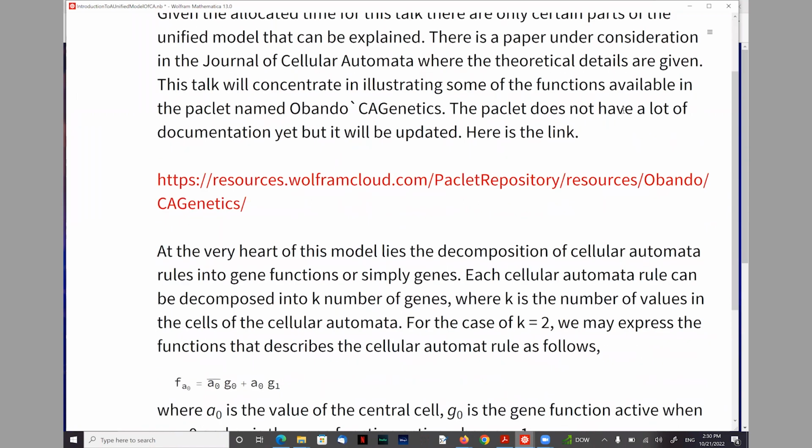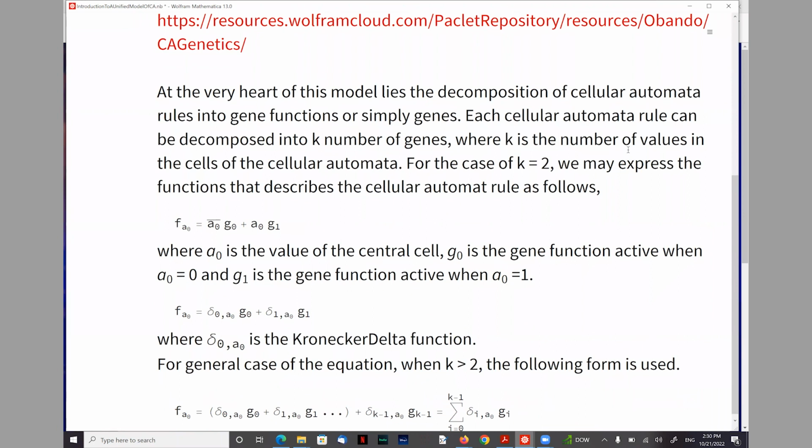All right, so at the very heart of the model lies the decomposition of cellular automata rules into gene functions and simply rules. Each cellular automata rule can be decomposed into k number of genes, where k is the number of values in the cells of the cellular automata. For the case of k equal to 2, which is what we are familiar with, we may express the function that describes the cellular automata like in here.